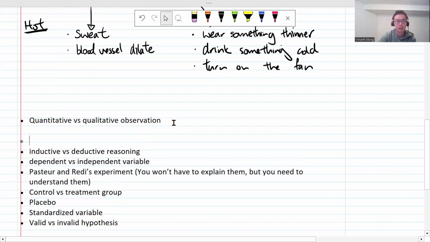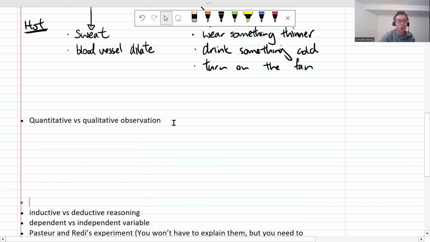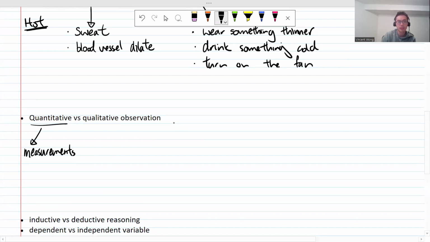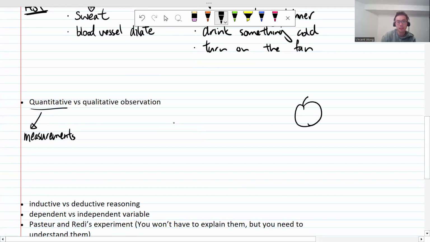Next, we talked about quantitative and qualitative observations. Quantitative, the one with the T, is using measurements. Let's say you have an apple, and you want to describe this apple using numbers, using measurements.